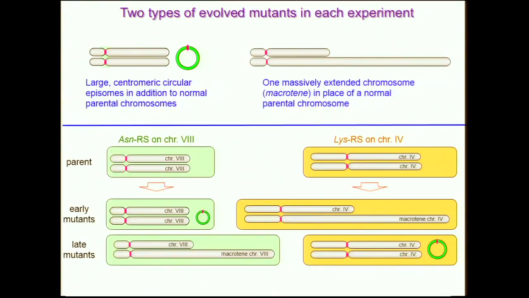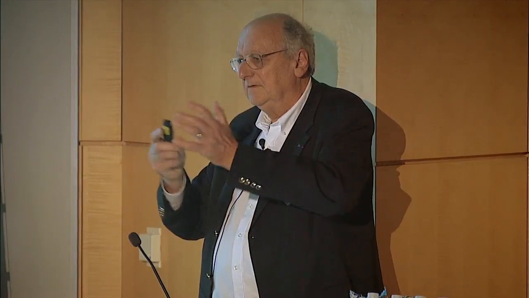But in the 2 different experiments, in the first one we had circles first, and then macrotein later on in evolution. In the second experiment, we had the macrotein first and the circle afterwards, which suggests strongly that the two phenomena are separated from one another. It can go one way or the other. They are not directly dependent.